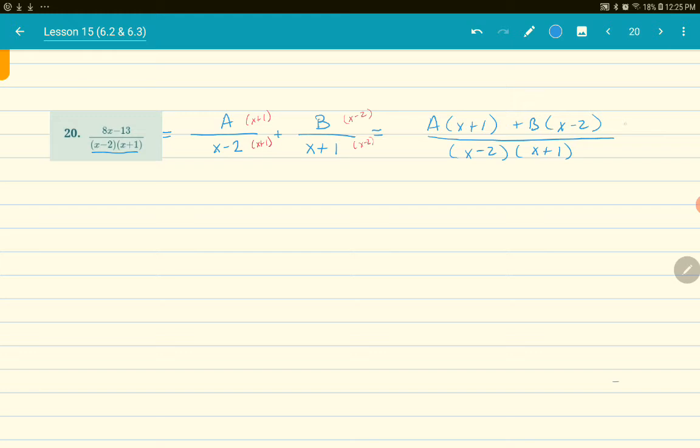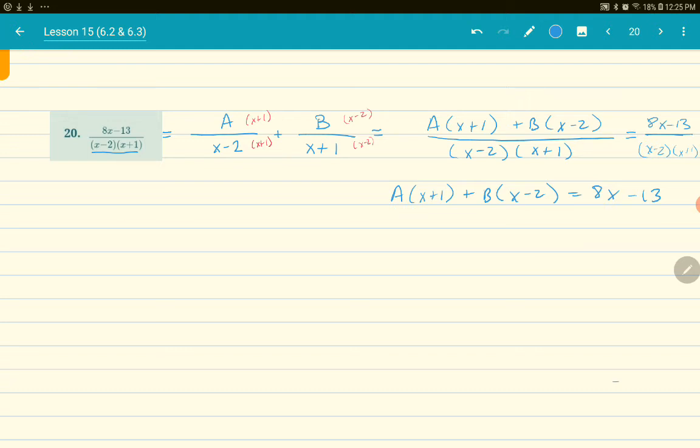And then remember that all equaled our original fraction. So I know that numerator is going to be 8x minus 13. So this numerator must be 8x minus 13. So I can set that equal: a times x plus 1 plus b times x minus 2 equals 8x minus 13.